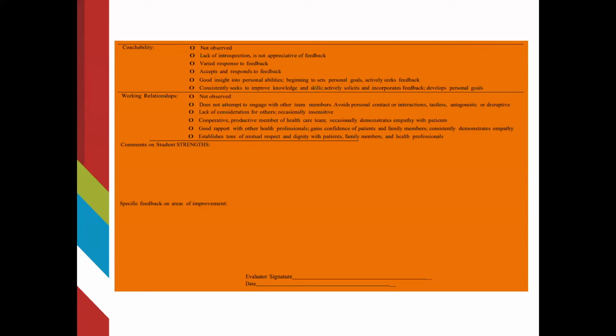We would ask you guys on these to try to use the anchors as much as possible. They're not perfect. And so sometimes you have to decide, okay, the middle of the rung is average, the one above that's above average, and the highest one is the excellent student. But in the event where you can really tie their behaviors to one of the anchors, we would ask that you use those anchors.